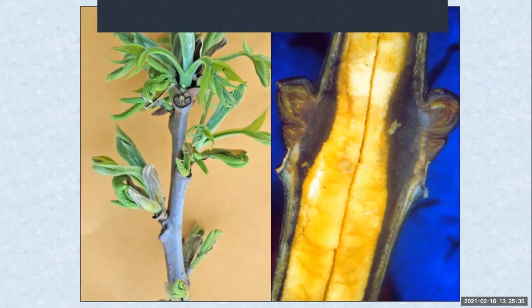If there is starch present in those tissues, it will stain that starch a real dark color. So what you see here in this twig are these dark areas right underneath the buds. There is a lot of starch stored in these twigs. In fact, there's a lot of starch even in the buds themselves because the buds are very dark too. So in this case, we have a source being the twig, and the new developing leaves become the sink because they are growing, and so they are needing a lot of carbohydrates to grow.